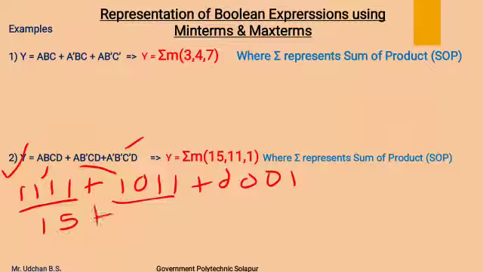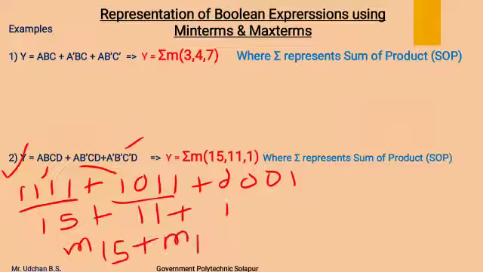Now I will write the equivalent number for this using the 8421 formula: 15. For this, 8421 means it is 11, plus 0001, this is a 1. Now I can write 15 as m15 plus 11 as m11 plus 1 as m1.